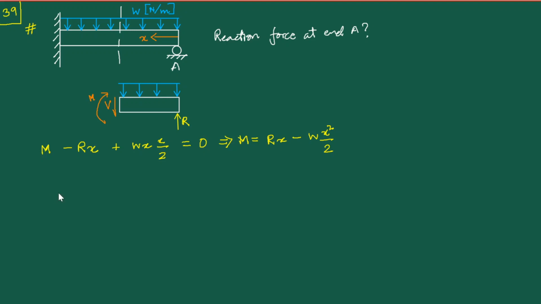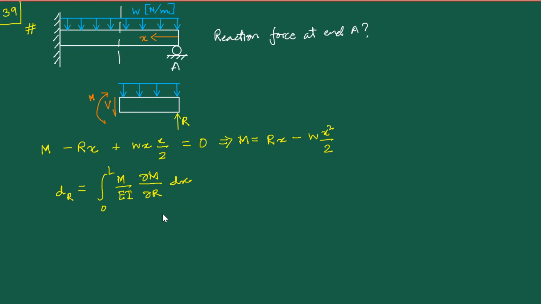Now, if we consider the deflection at A, or you can write it as deflection due to R in the direction of R, that will be, using Castigliano's theorem, integral from 0 to L of M by EI times del M by del R dx.